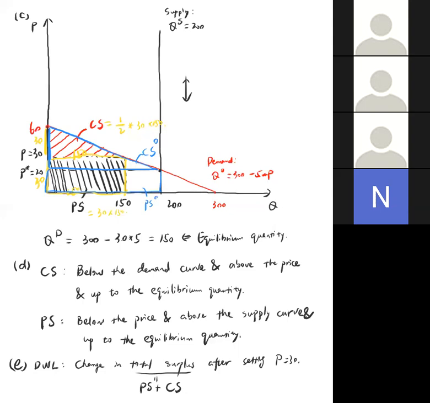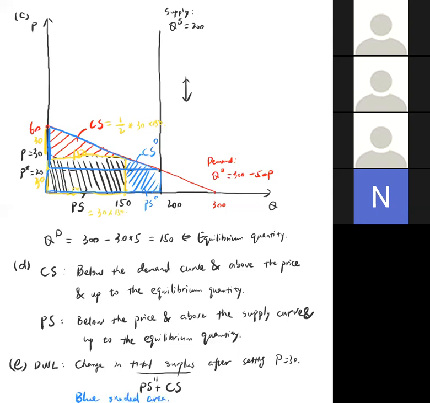But after the price change, we see that consumer surplus shrinks to this yellow triangle, and producer surplus shrinks to this yellow rectangle. So this trapezoid area in blue is just the shrinkage in total surplus after we set the price to be $30. So the deadweight loss is the blue shaded area.